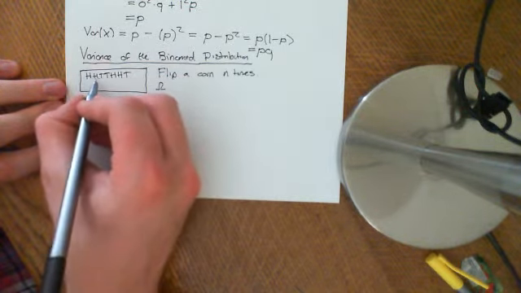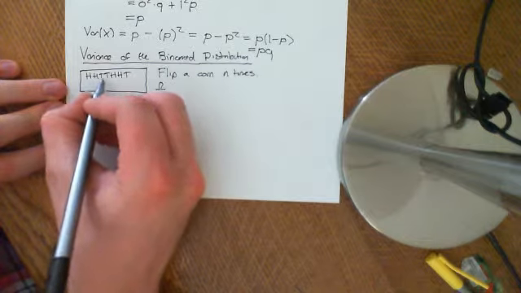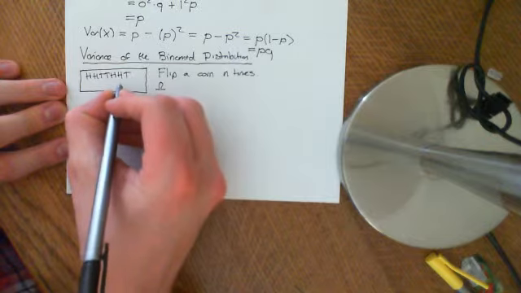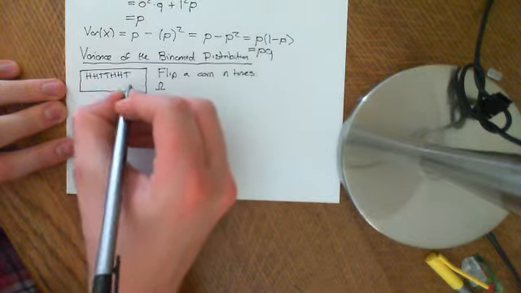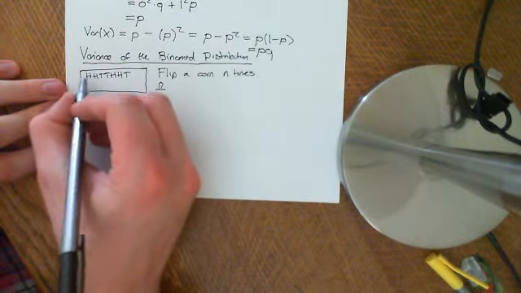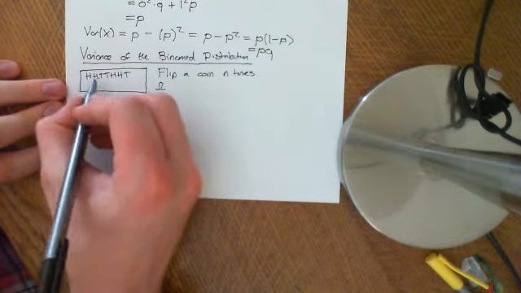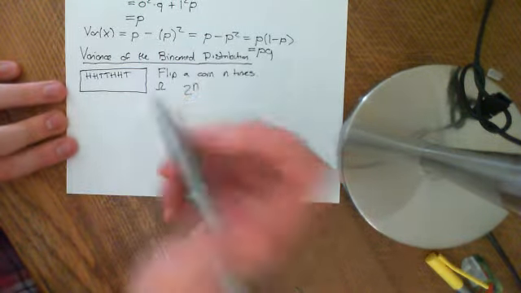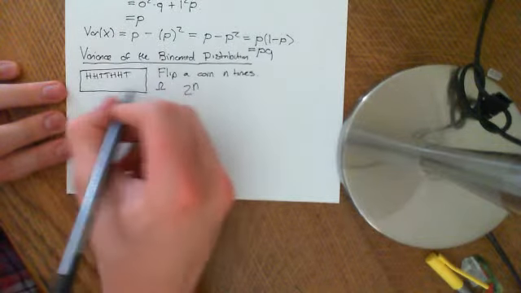So on the first one you got a heads, on the second one you got a heads, third you got a tail, etc. So every possible outcome that you could possibly get would be in there, and the number of possible outcomes: you could get heads or tails on the first one, heads or tails on this one, so it would be 2 to the power of n total possible outcomes.